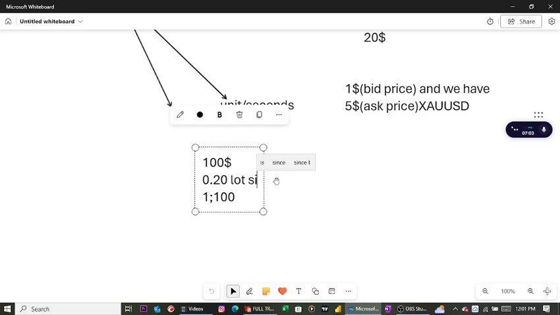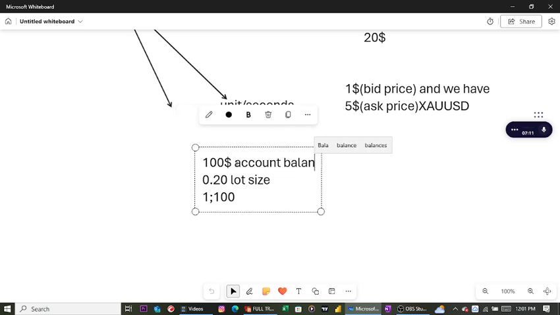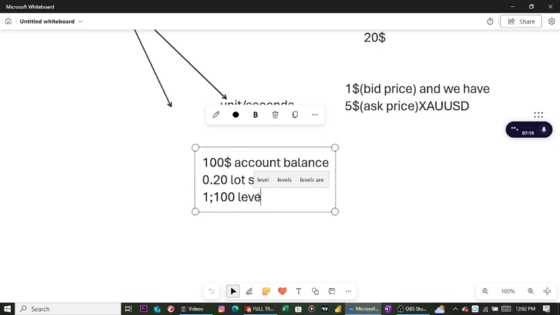It does not permit me to trade this lot size with this account balance. So I have to change my leverage. I have to borrow more money from the broker to be able to trade 0.20 using this account balance. So I might end up changing my leverage to 500.